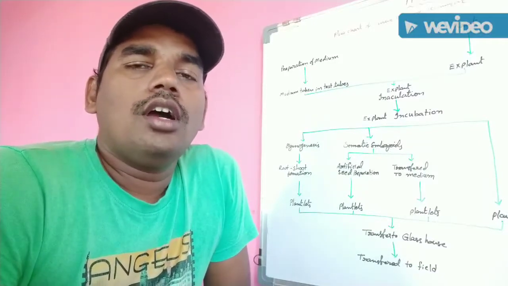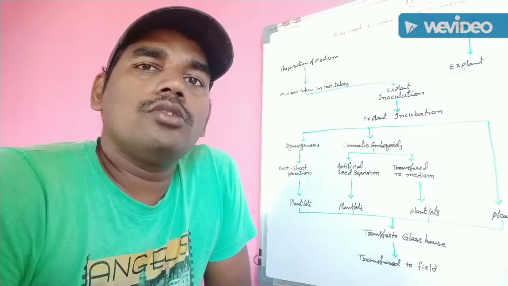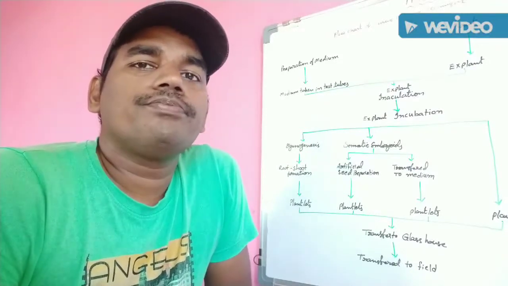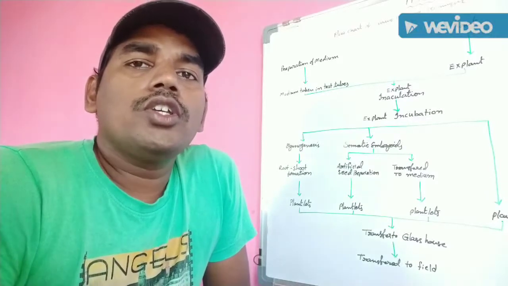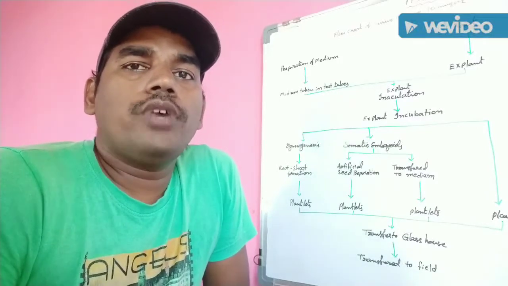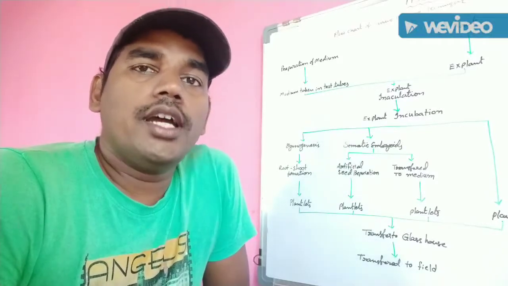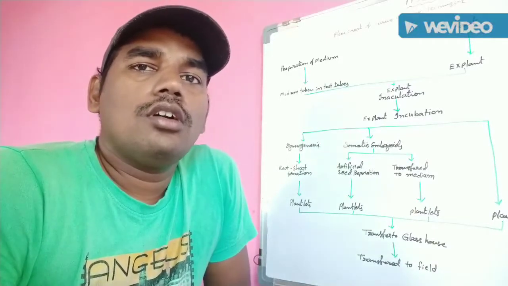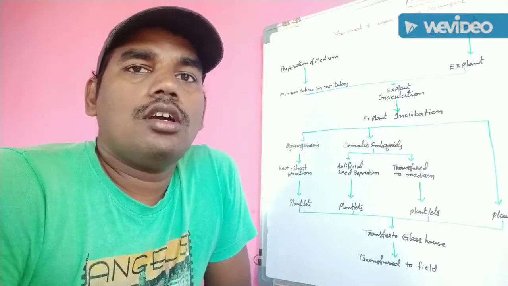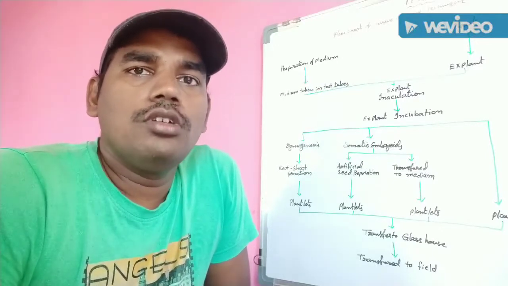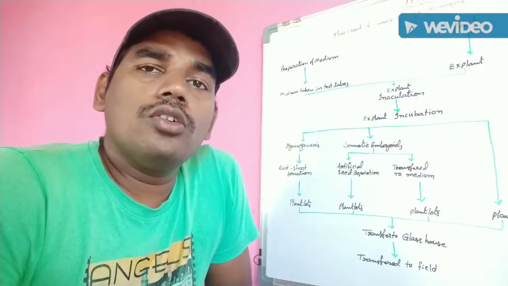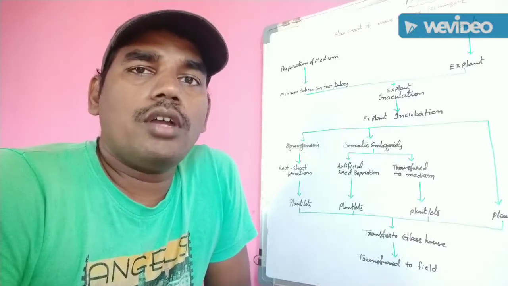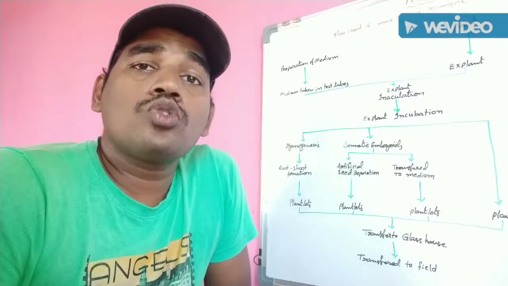Then after inoculation of the explant into the nutrient medium, you incubate for some 4 to 5 weeks. Then after, you identify different types of callus, an undifferentiated mass of tissue, and also organogenesis, formed tissue, and also somaclones.